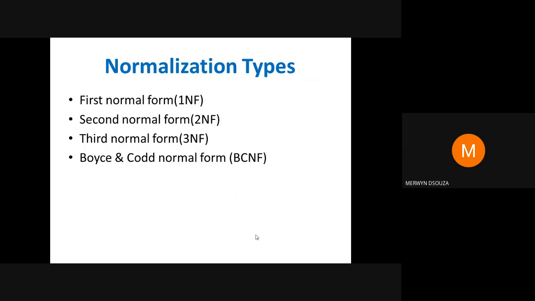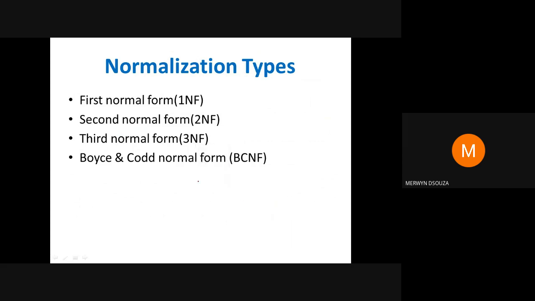So the following are the normalization types. First normal form 1NF, second normal form 2NF, third normal form 3NF, and a higher version of the third normal form known as the Boyce-Codd normal form or BCNF. Please note BCNF is just another form of the third NF, a higher version.